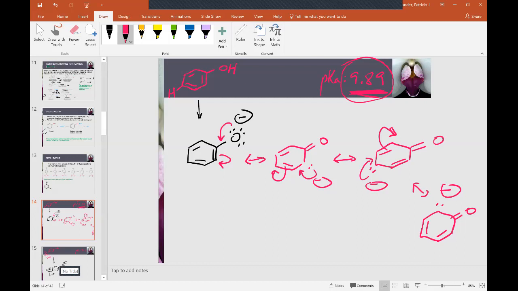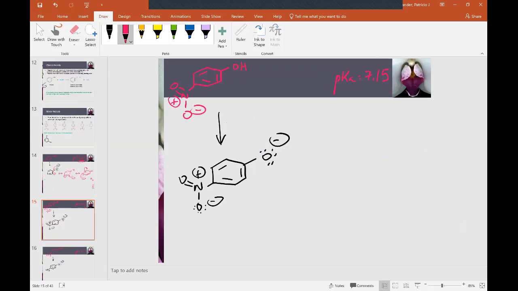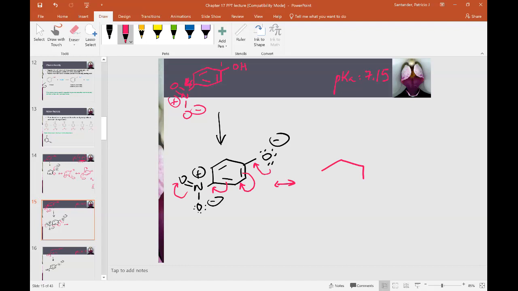How about if we have a nitro group in position para, so in a relative position 1, 4, right? Well, there you can see that I can bring the negative charge here, here, and there. And there, the oxygen can help me to write down yet 1 more resonance structure.